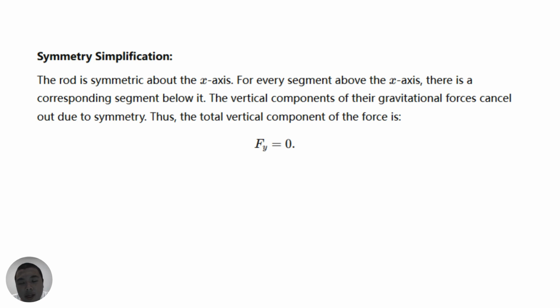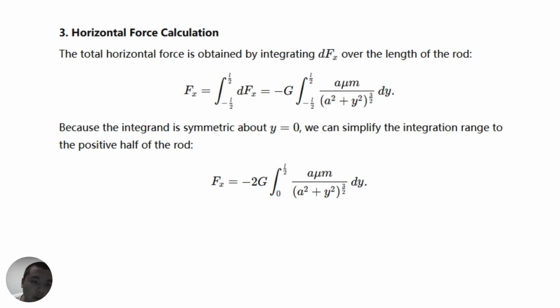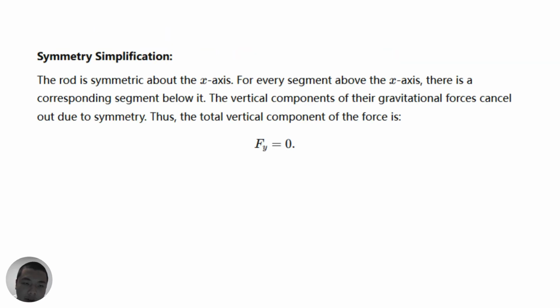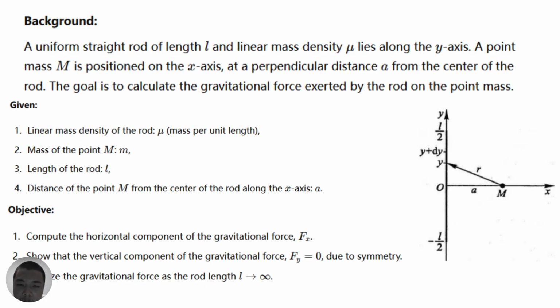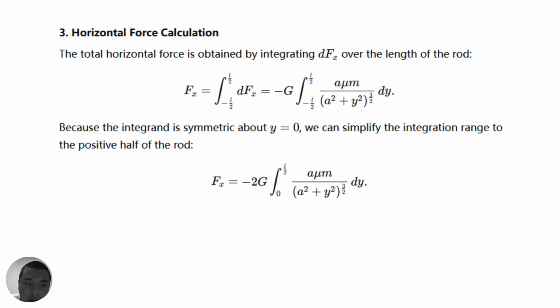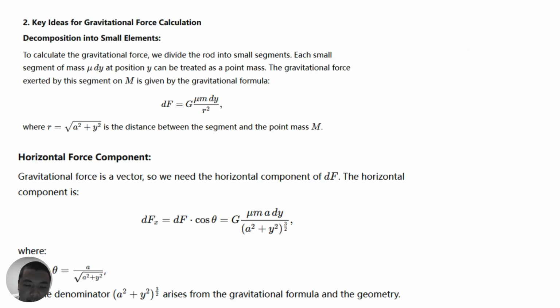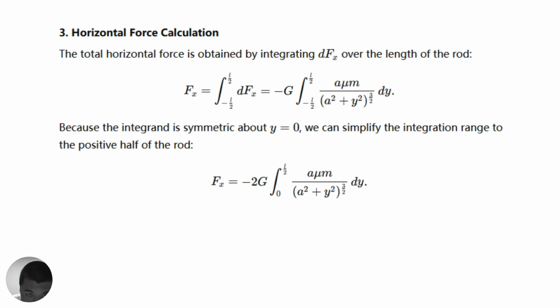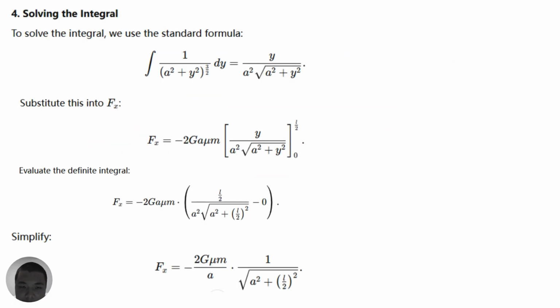Since the two vertical forces cancel, Fy equals 0, so we only need to focus on the horizontal force calculation. Fx equals the integral from negative L over 2 to L over 2 of dFx. Because the integrand is symmetric about y equals 0, we can simplify the integration range to the positive half of the rod.